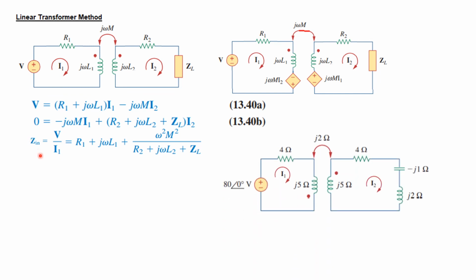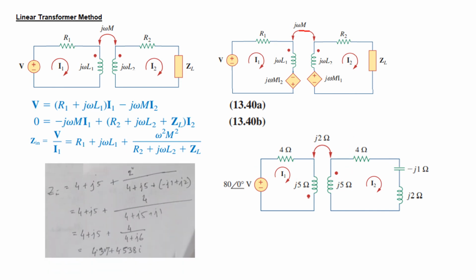So if you are able to derive this, or if you remember this formula, then you can directly put in the values. This is equal to Zin, and now this is our question. If you compare with these, you can straight away put the values in this formula and we get the answer.